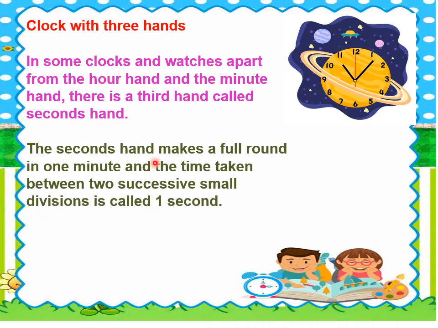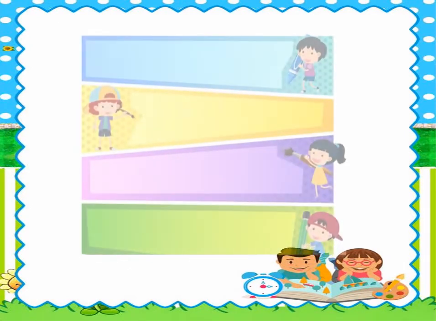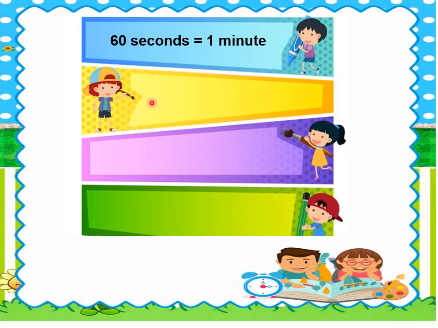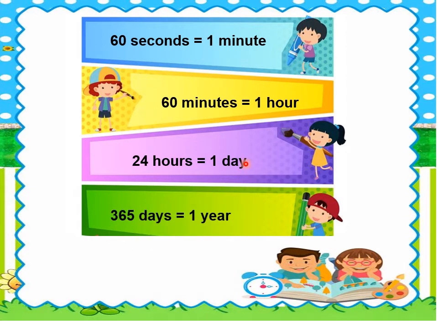The second hand makes a full round in 1 minute, and the time taken between two successive small divisions is called 1 second. So 60 seconds equal 1 minute, 60 minutes equal 1 hour, 24 hours equal 1 day, and 365 days equal 1 year.